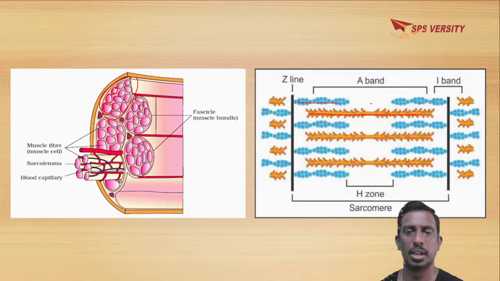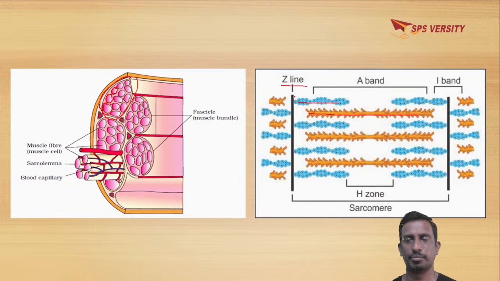And the actin filaments are attached to the Z line. On either side there are actin filaments, and in between there are myosin filaments. The band from here to here is the A band.